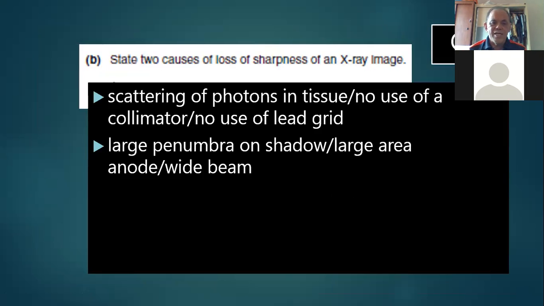They accept all these answers: large penumbra, a partial shadow, or large area of the anode, or usually we call it large area of the target, or a wide beam. It describes the beam. So all because of the target. Also large pixel size.